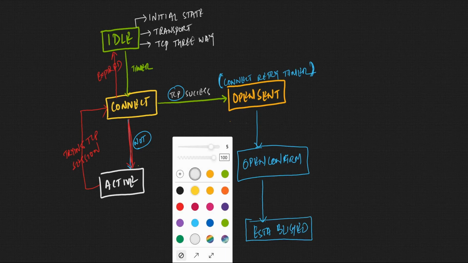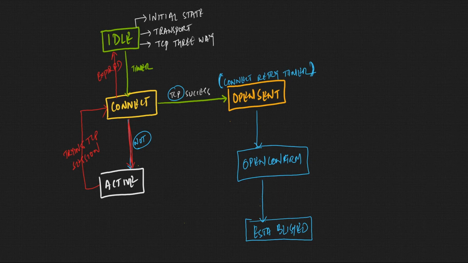So what happened here? In OpenSent, BGP is waiting for the peer to send back. I receive an open message, compare it, and transition to OpenConfirm. I will send a keepalive and transition to Established if everything is confirmed.